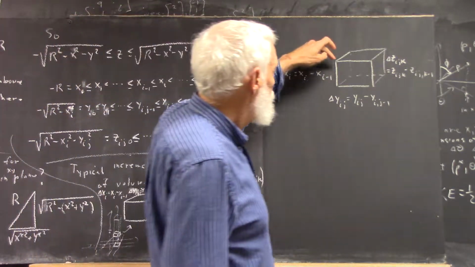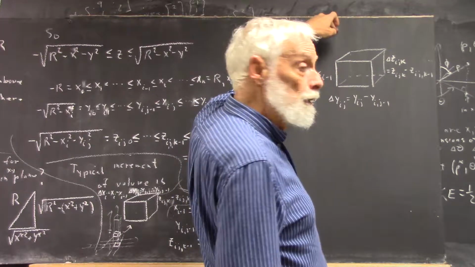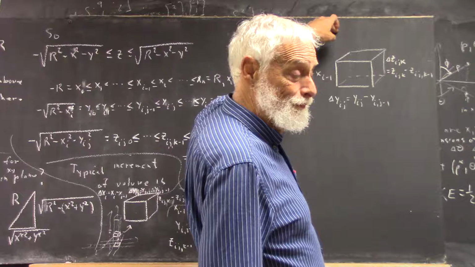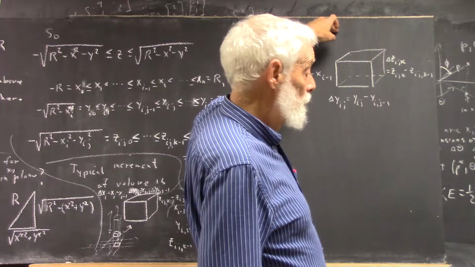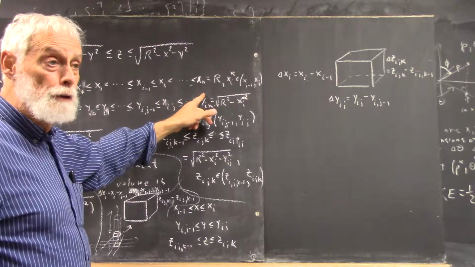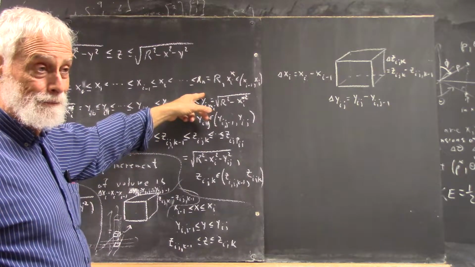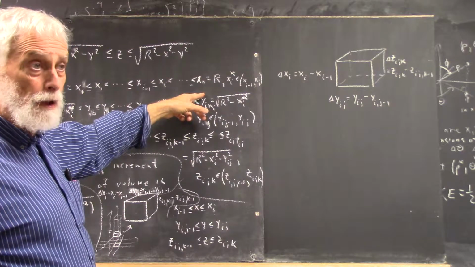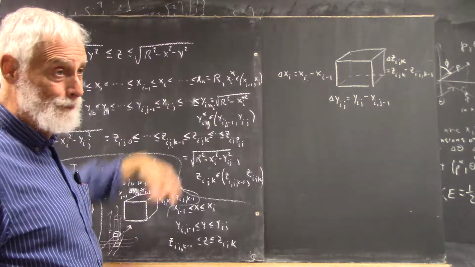So what would the rectangle directly above this be? It would have the same volume, except no. There's no assumption that these intervals are equal. Now, it doesn't lose any generality to declare that they are, but we didn't declare that.